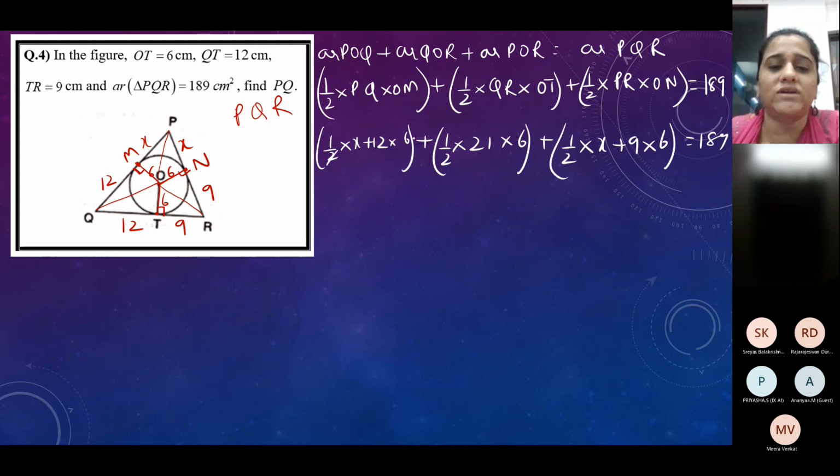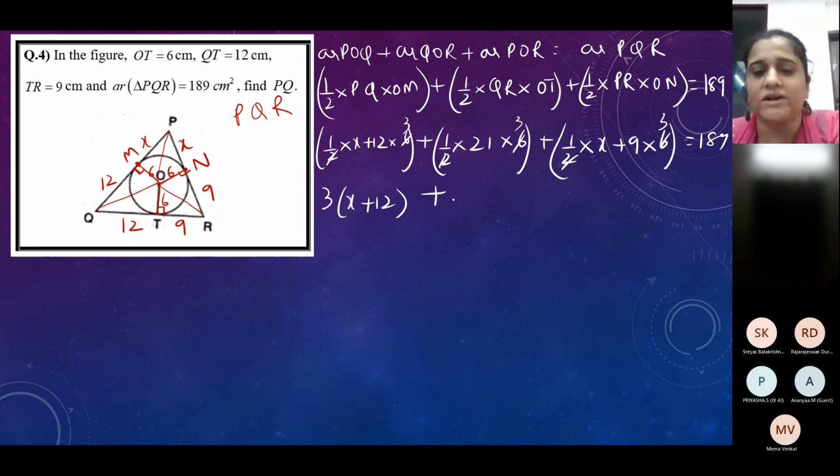Now everywhere 2 3s are 6, so half into 6 is 3. So here you get 3 into X plus 12, plus 21 into 3, 63, plus 3 into X plus 9, is equal to 189.